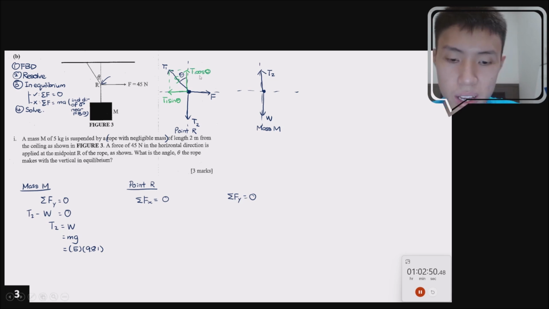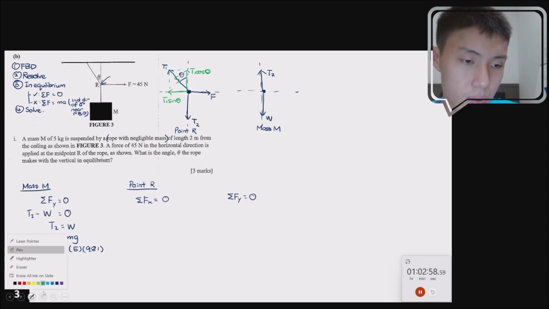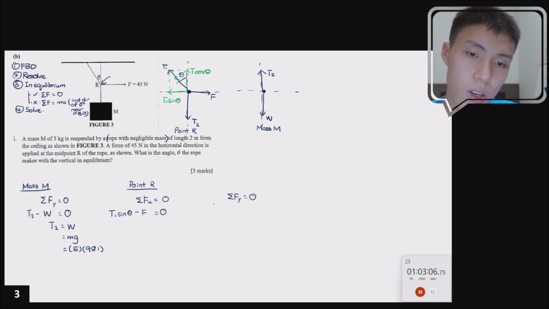So now if we know that, we can do our equation. For x, there's one to the left, one to the right. So we can say this is T1 sine theta minus f is equal to 0. For y, there's one force pointing upwards, one force pointing downward. So this will be T1 cos theta minus T2 equals 0.